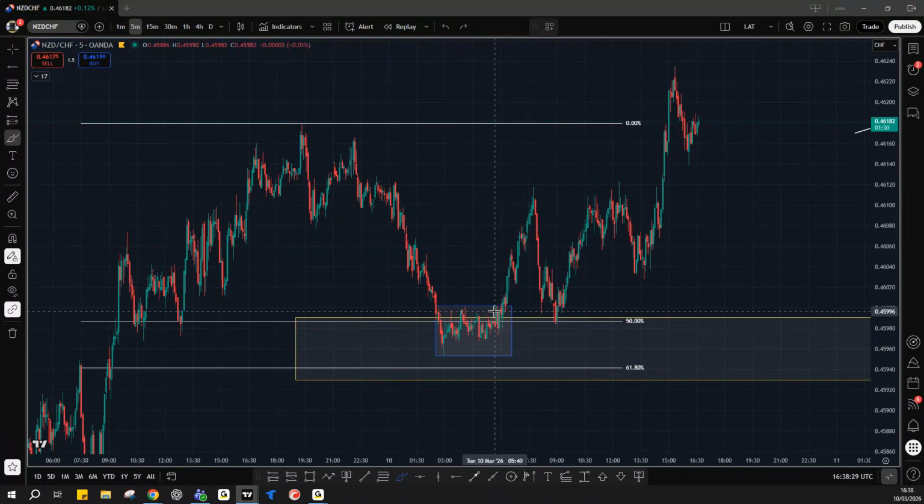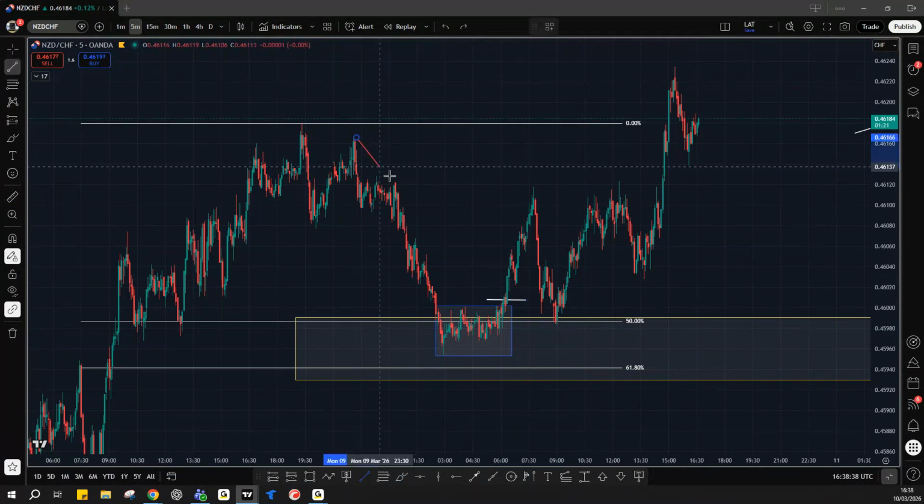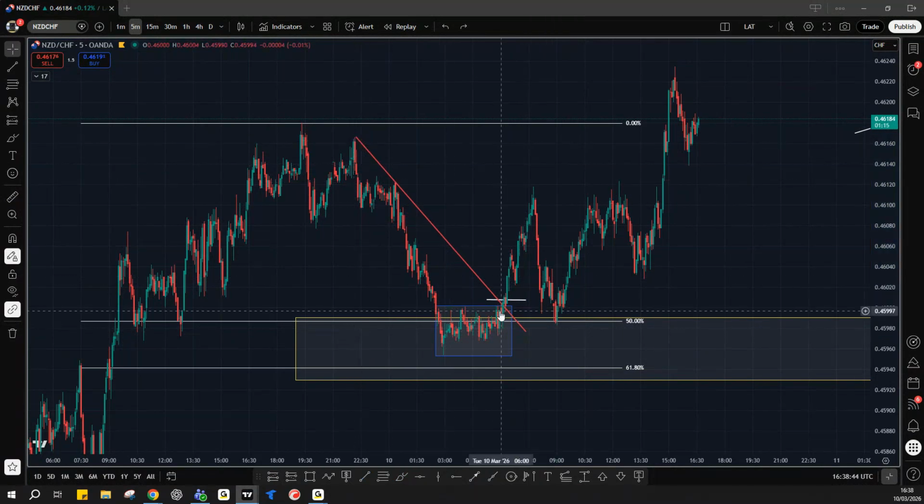So if we do form a nice clear range, a break above this range could provide one potential entry point. A break above, say, a counter trend line, which is not the strongest, but we've got 1 bounce, 2 bounce, a very small retest, and then the breakout. That could provide a different entry point.